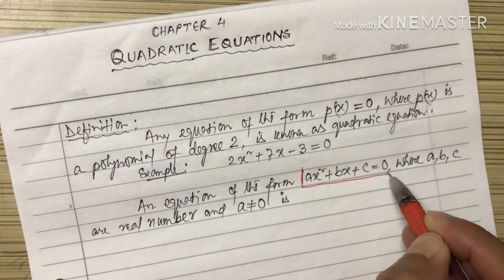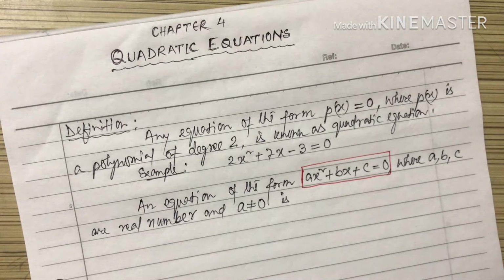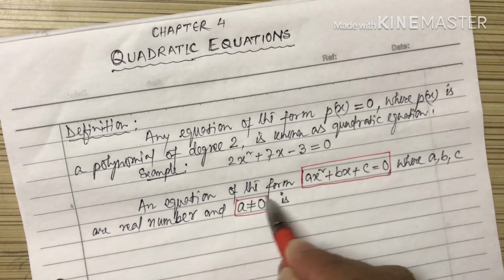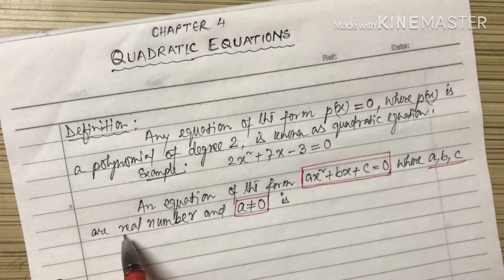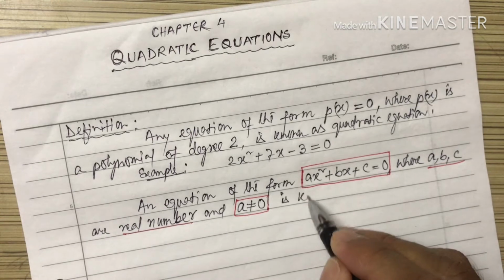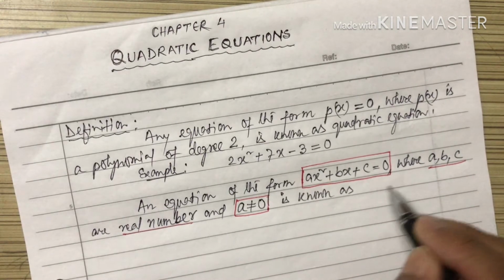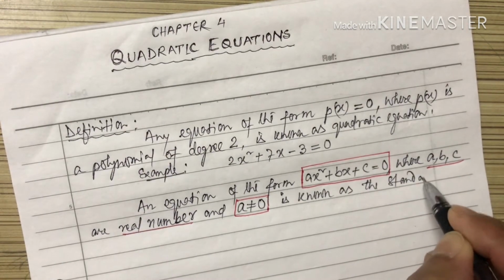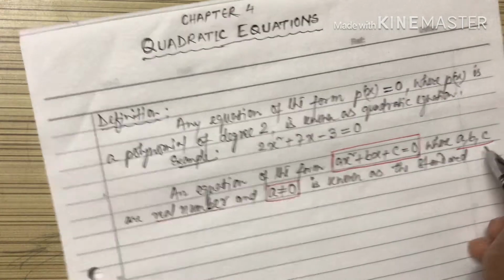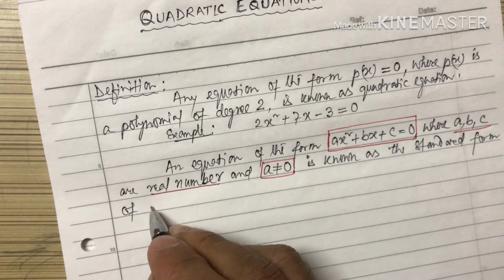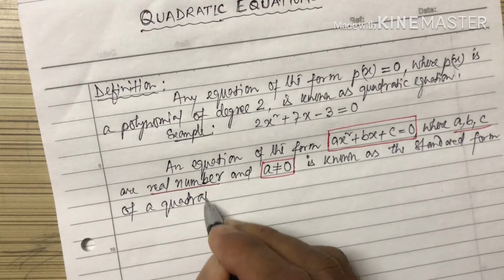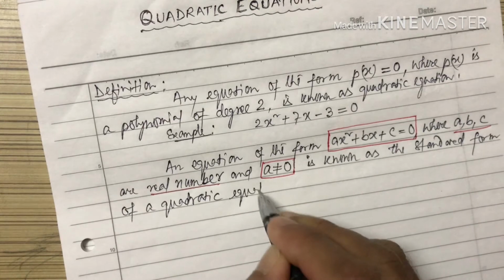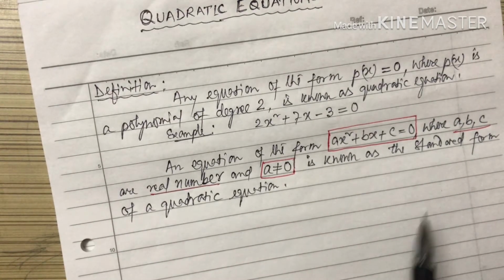This type of quadratic equation, where a is not 0 and a, b, c are real numbers, is known as the standard form of a quadratic equation.